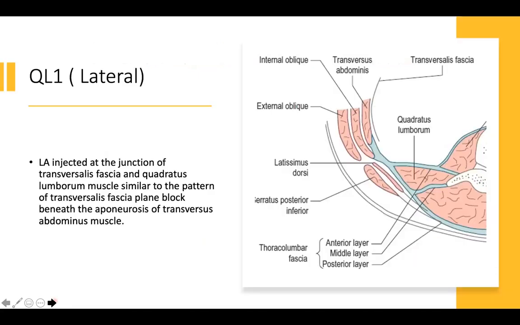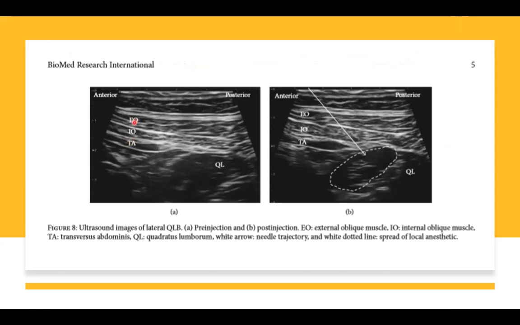In QL1, the drug is deposited on the lateral aspect of quadratus lumborum. Here, as I can show you, the external oblique, the internal oblique, and the transversus abdominis, and the needle is piercing the aponeurosis of the transversus abdominis, and the drug is deposited in the transversalis fascia, on the lateral aspect of quadratus lumborum.